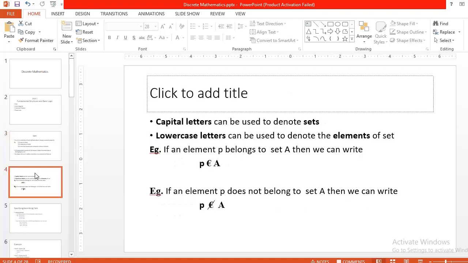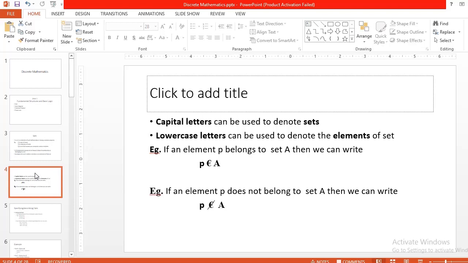Here, capital letters are used to denote sets, and lowercase letters are used to denote the elements of the set. So sets are denoted by capital letters and the elements belonging to that set are denoted by lowercase letters.